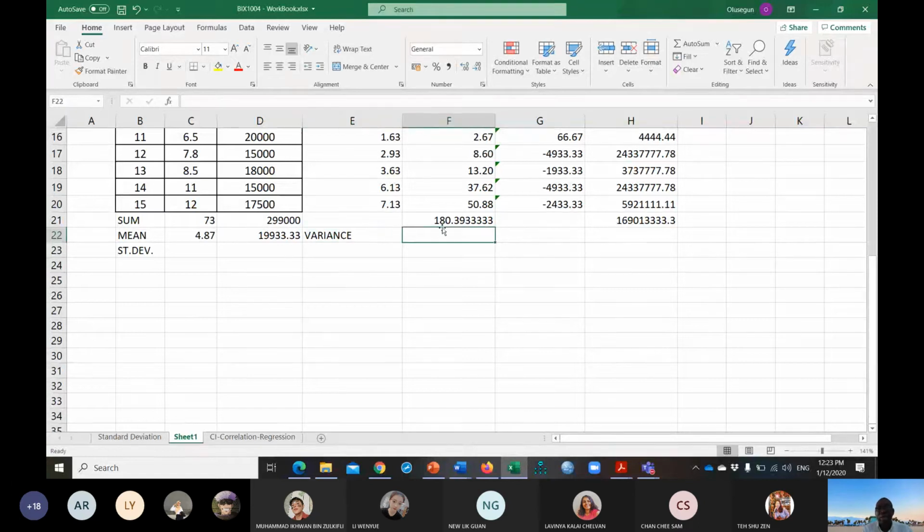And variance, this one will be this divided by 15. Variance is 12. Now our standard deviation is the square root of this.